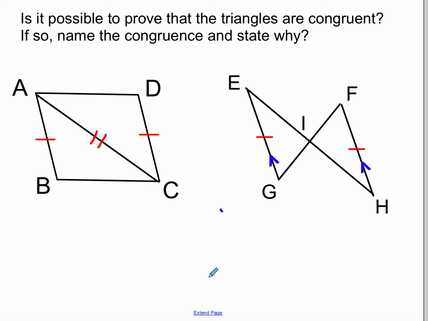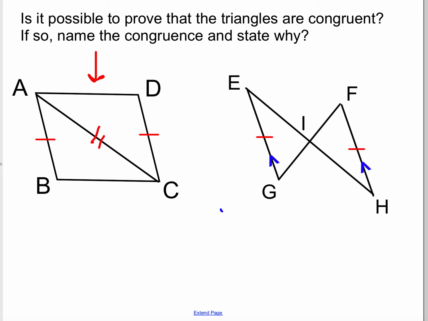But other than that, that's all that I can prove. We don't know anything else about this triangle. I'm not able to say that this angle is congruent to that angle, or that this angle is congruent to this angle, or that this side is congruent to that side. If I could prove any of those, I would be able to say so. But since we can only prove one side is congruent, we don't know enough to say that these two triangles are congruent.